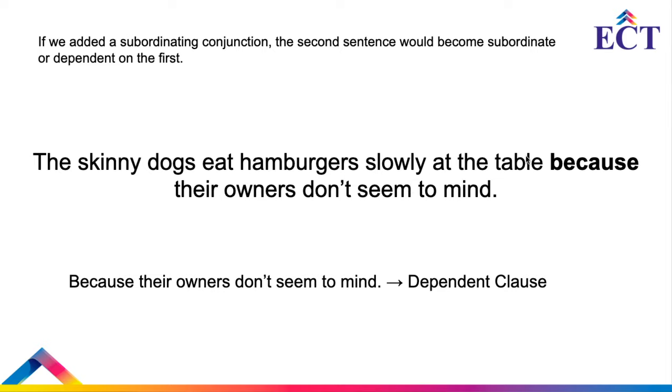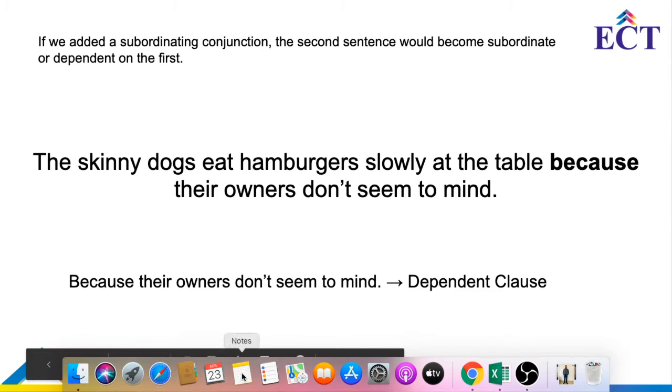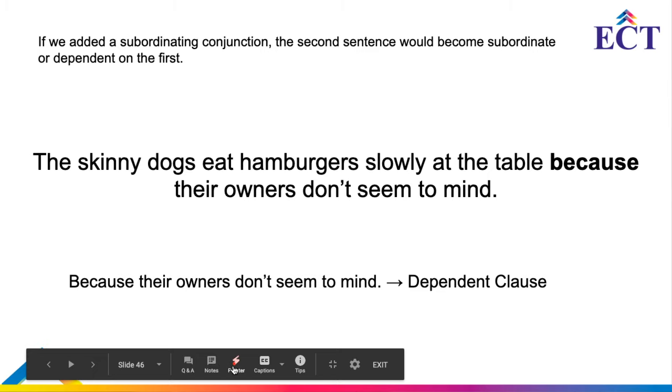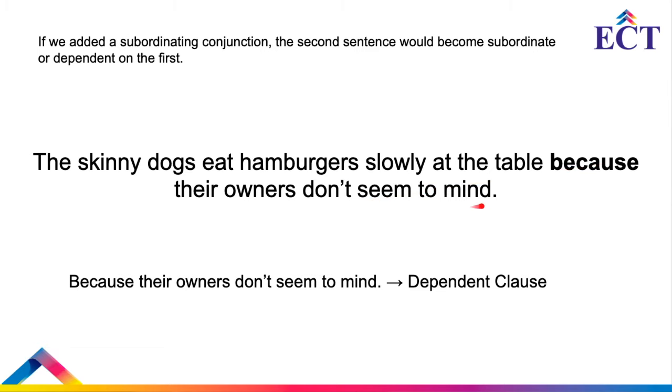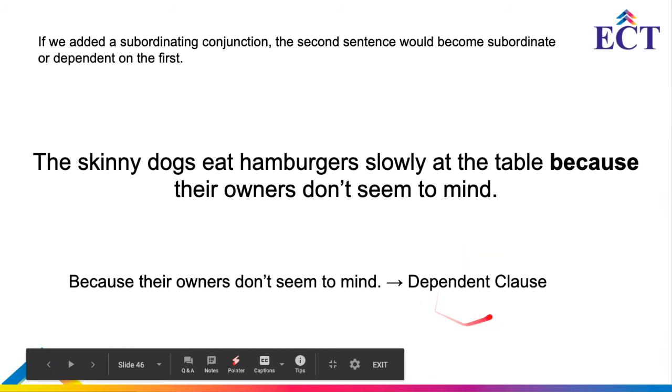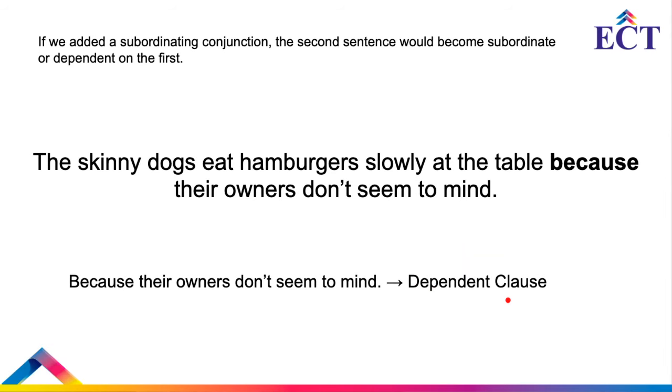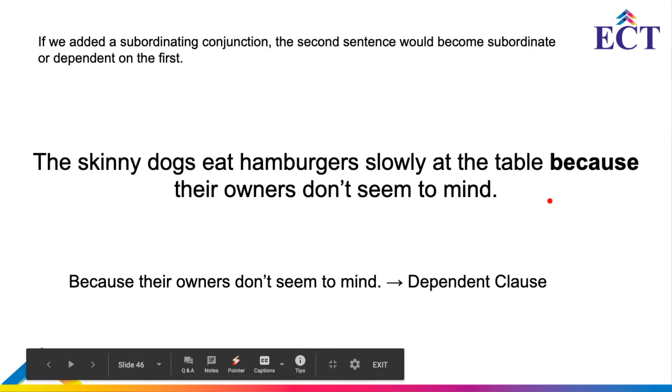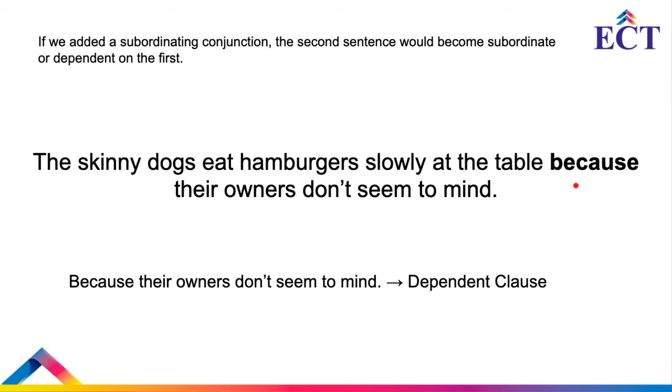If we just say because their owners don't seem to mind, it will not express an independent thought in itself. That is why we call it a dependent clause, because it does not convey any independent thought on its own, right? So note, because becomes the subordinating conjunction.